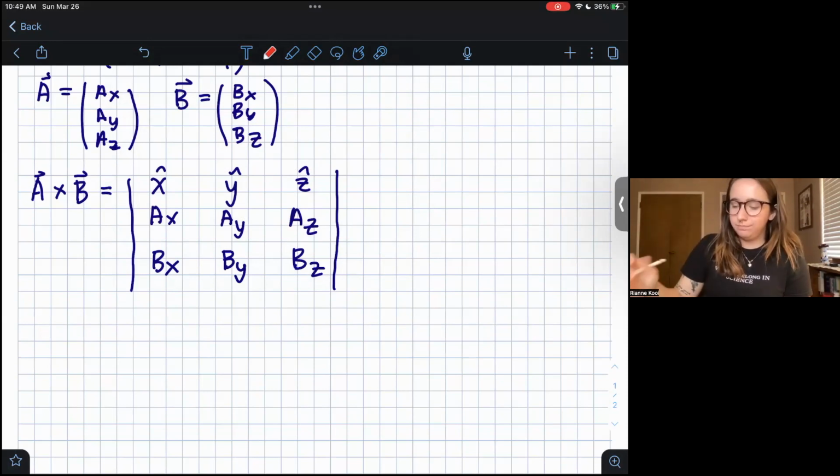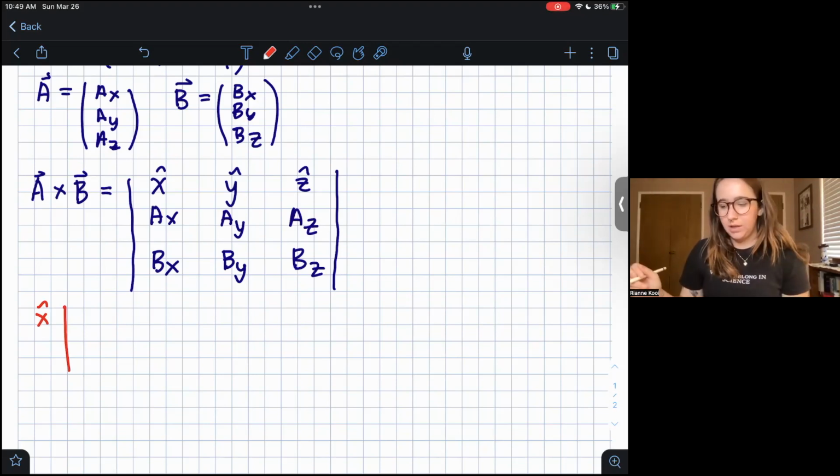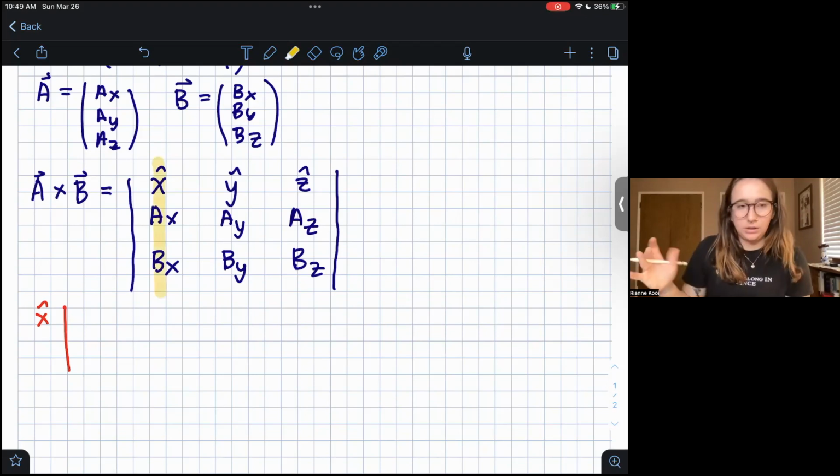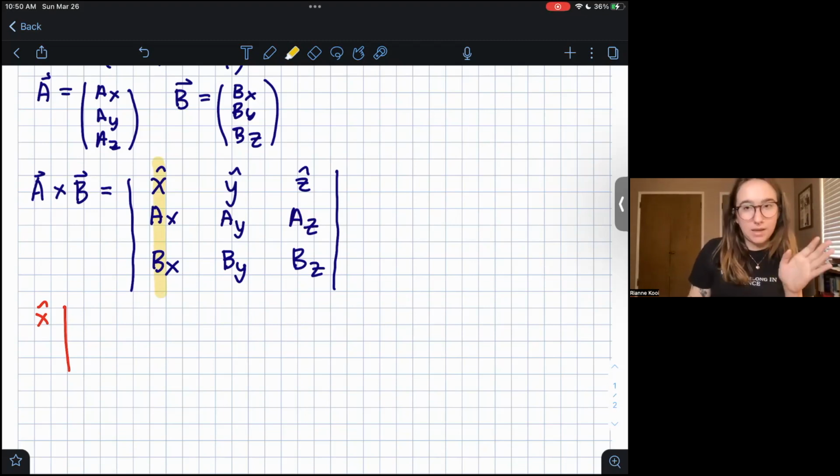Let's start with X. The first thing we're going to do is say, okay, X, this is in the X direction. And when we're looking in the X direction, we're not going to look at the entire column of X, and we're going to make a smaller 2x2 matrix using what's left in our 3x3 matrix.